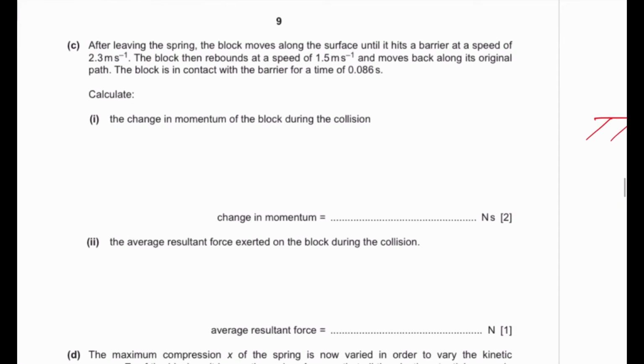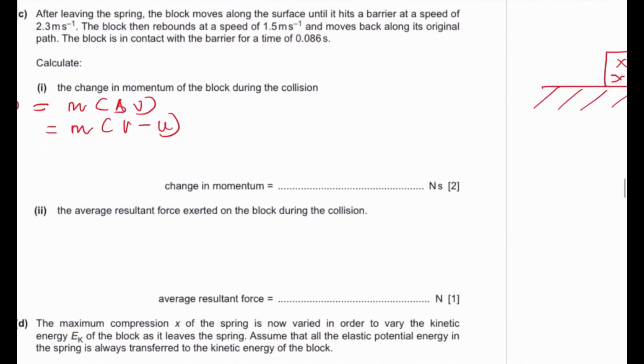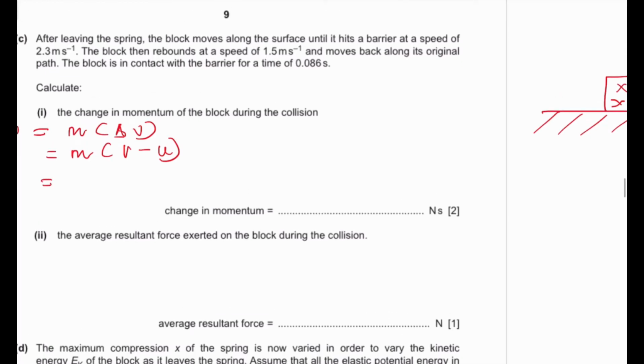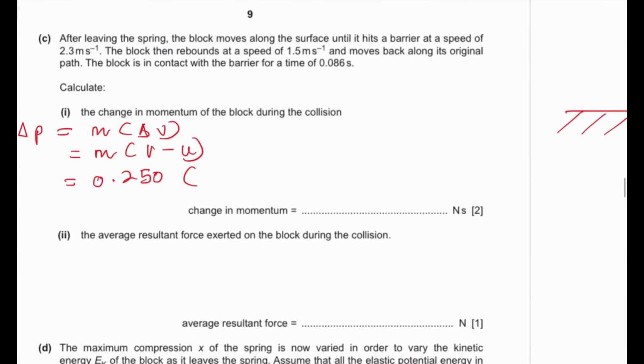So how do I find my change in momentum? My change in momentum is my mass multiplied by my change in velocity, which is my mass multiplied by v minus u. My mass is 0.250, as I was told it's a 250 gram block.